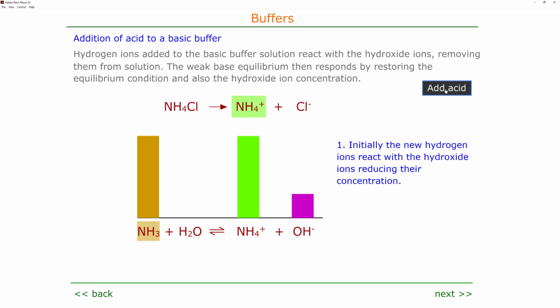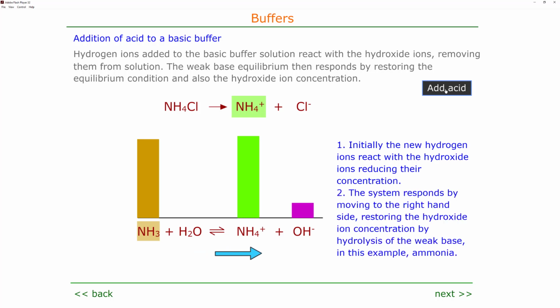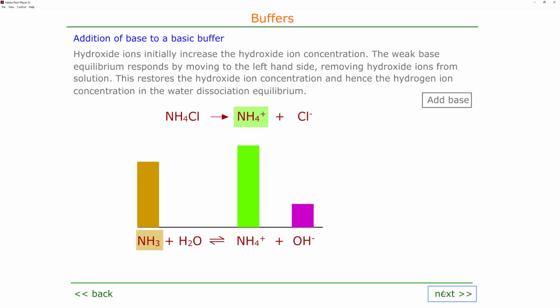Let's add the acid. Initially, the hydrogen ions react with the hydroxide ions, reducing their concentration, and then the equilibrium shifts to the right hand side to restore the OH minus ions. Again, we'll have a look what happens if we add base. Well, if we add base, clearly the concentration of the OH minus ions will increase.